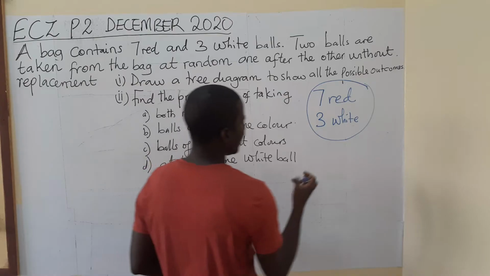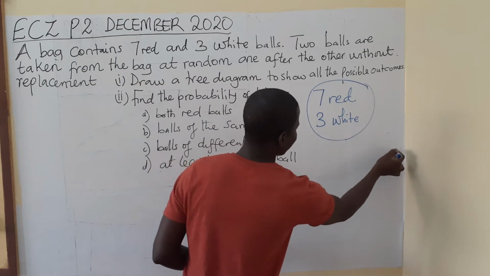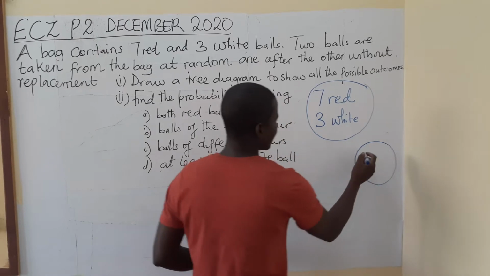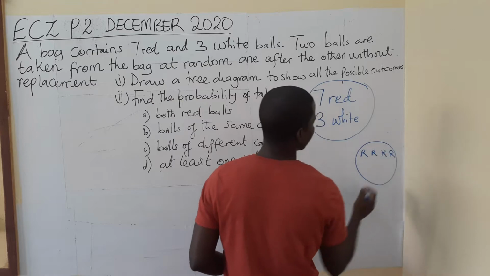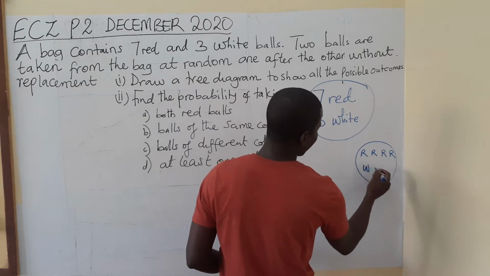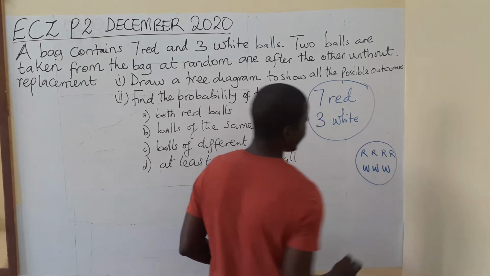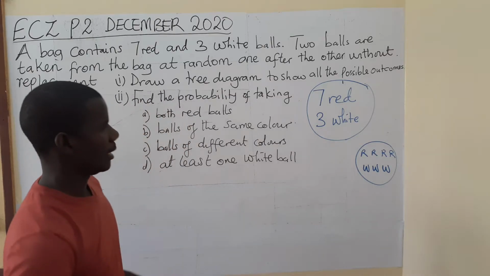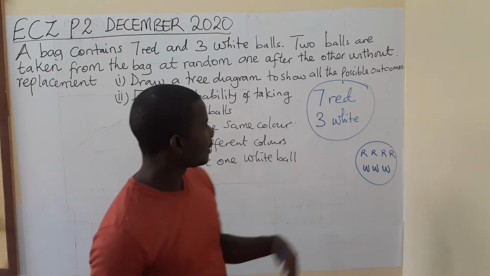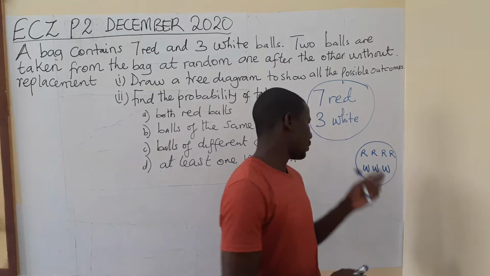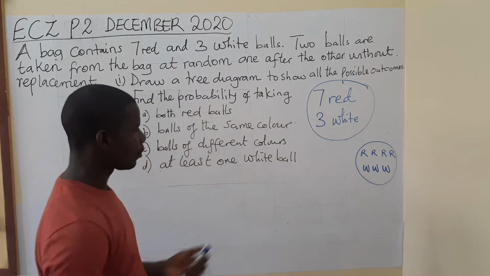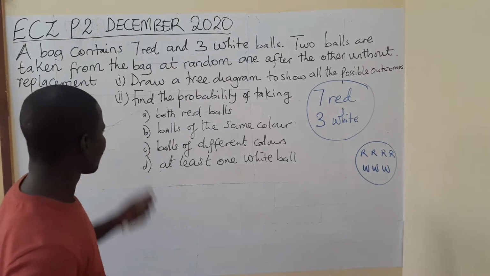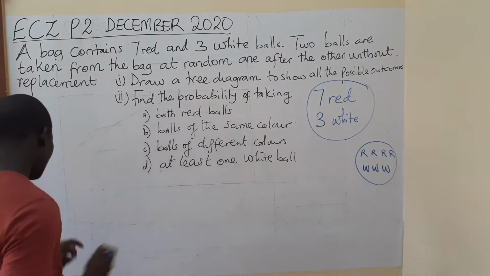These are identical balls. The only difference is the color. So you are picking them from the bag randomly. So we want to draw a tree diagram.